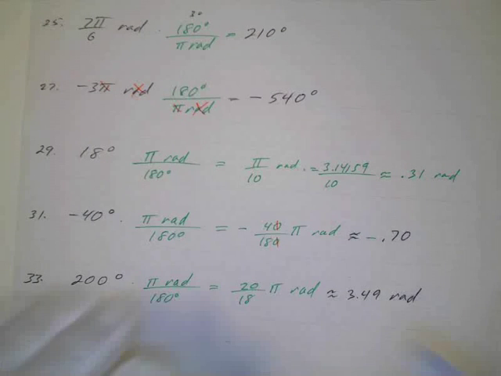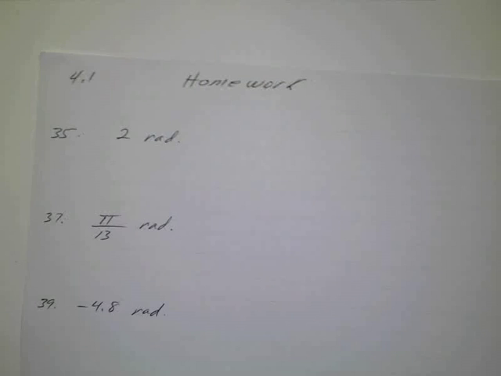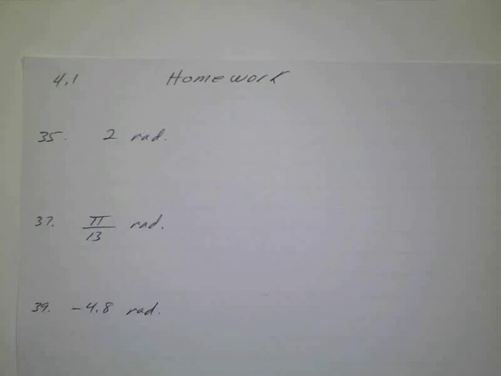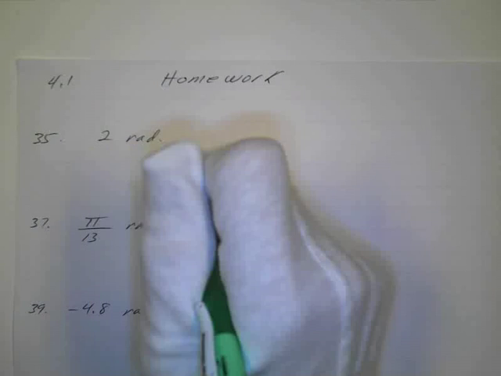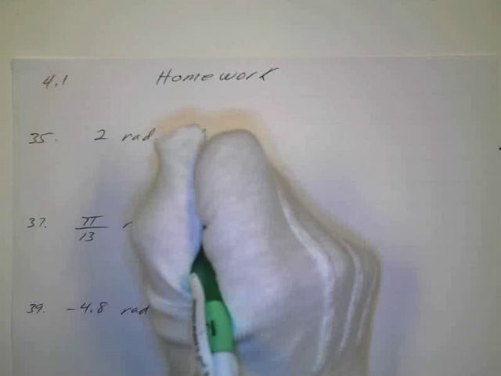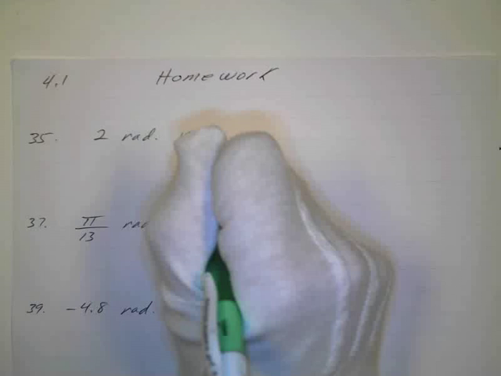Okay, then the last three here, I think, on number 35. We wanted to convert from radians to degrees, and the same thing, round off. It says convert each angle in radians to degrees, round to 2 decimal places. So we've got 2 radians, and we're just going to flip it. There's 180 degrees per pi radians.